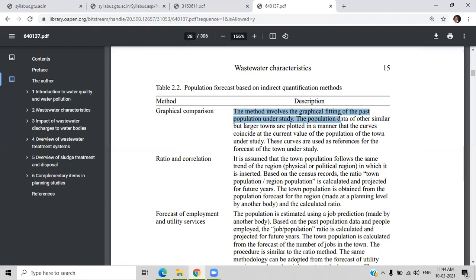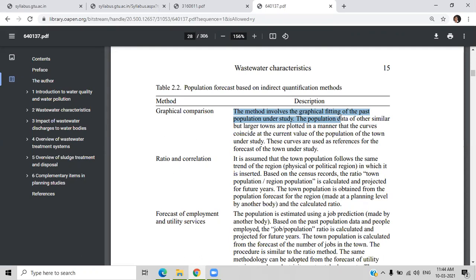For that study, we take two or more cities which are larger than our study city or study area. The population graphs are fitted in graphical format on the sheet.